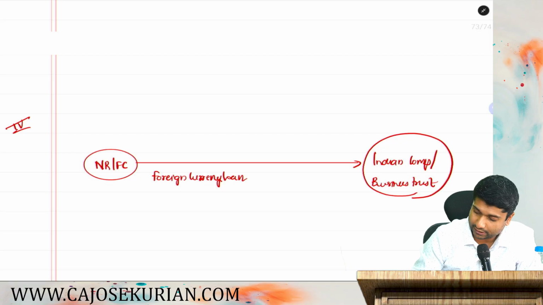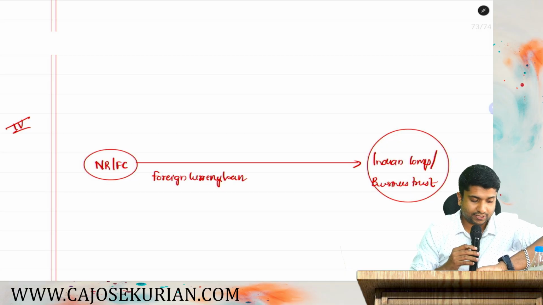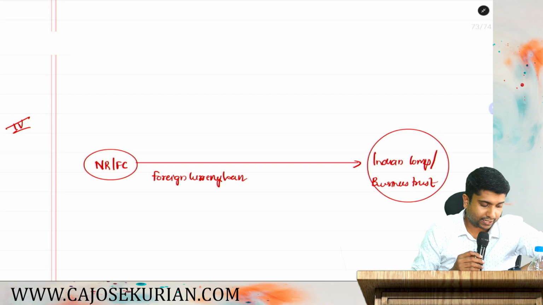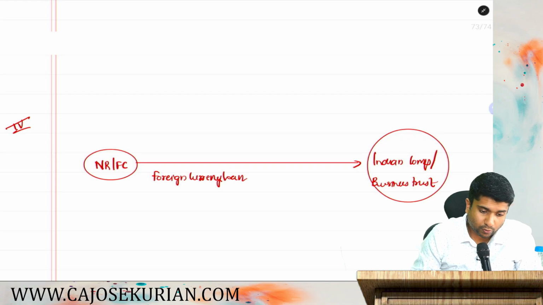Either to an Indian company or to a business trust, you have given foreign currency loan. So for this foreign currency loan, there is a speciality.